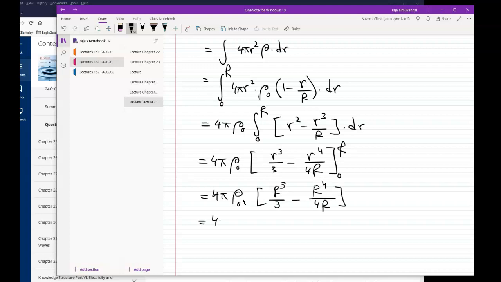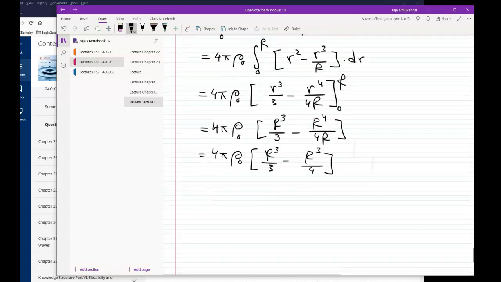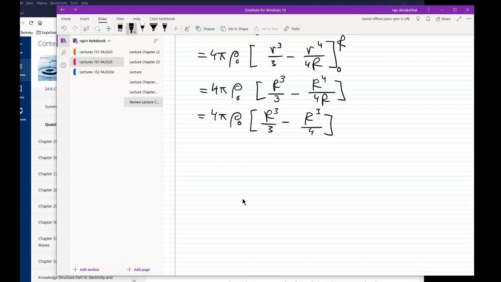That gives me 4 pi rho naught times R cubed over 3 minus R cubed over 4. Simple, just 1/3 minus 1/4. And that would be what? 1/12, is that right? So that's going to be 4 pi rho naught R cubed over 12, I think.